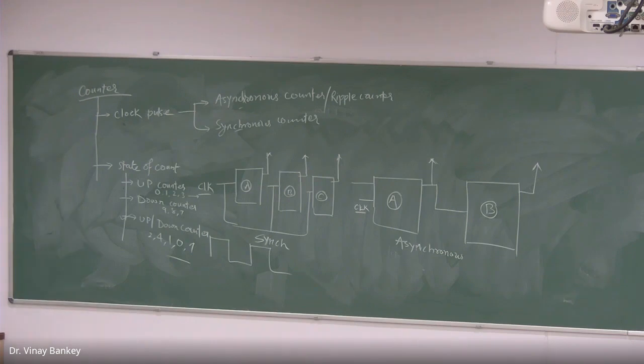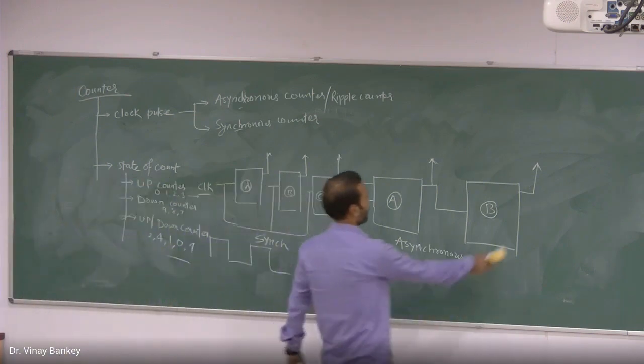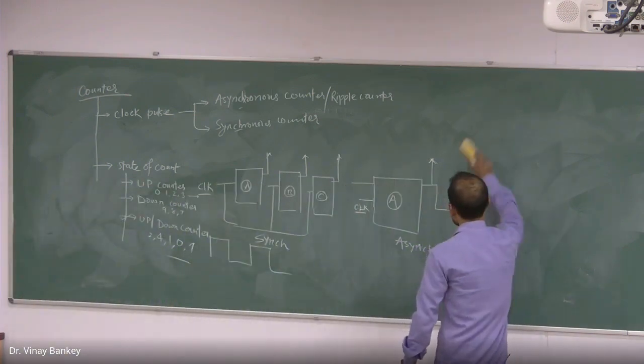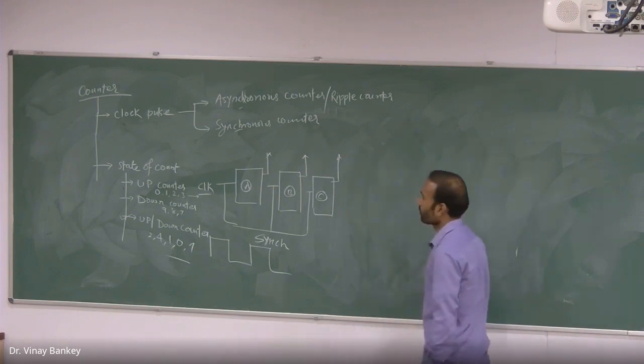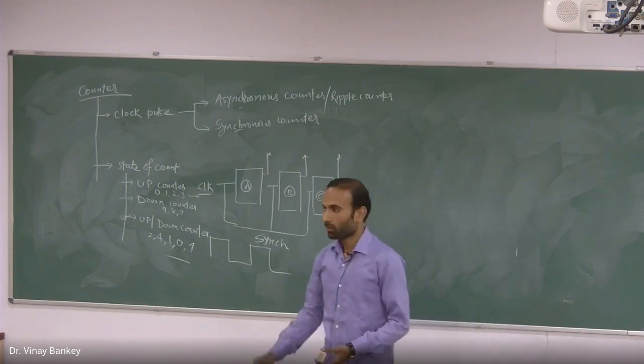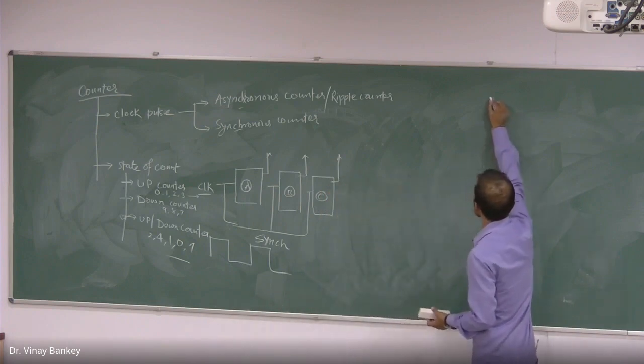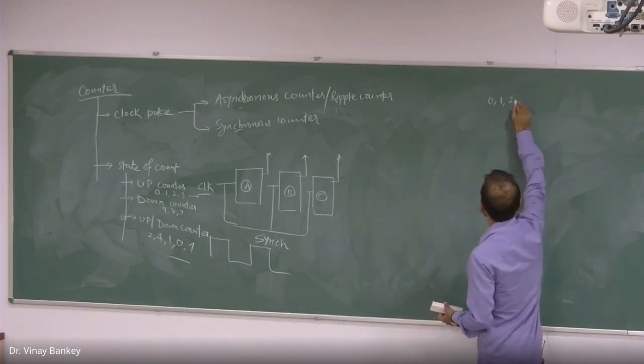We will see one example and then we will close this class for today. In the next lectures, we'll try to design counters, and we'll give some states. Means you need to design a counter which will count 0, 1, 2, and 3.